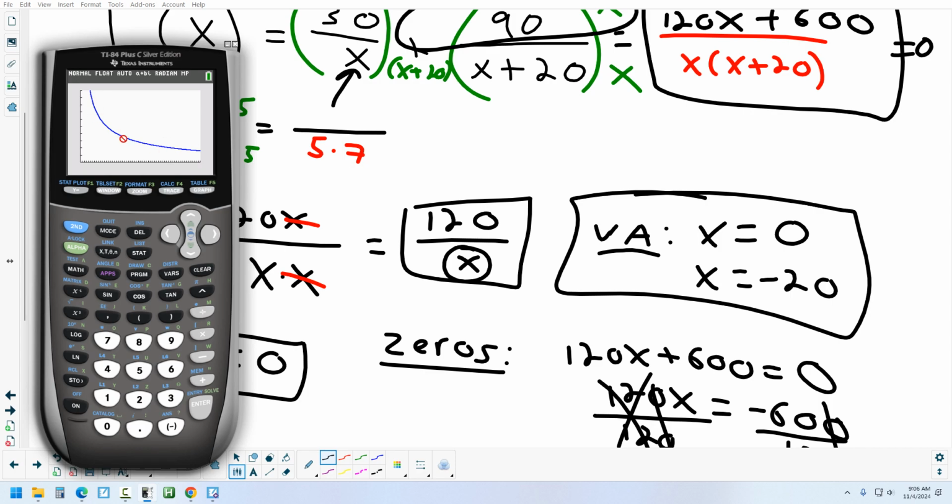The amount of time is starting to get lower, but the amount of time will never reach what number? 0. It can't reach 0, because it's impossible to get from one point to the other instantaneously. Unless you're watching this in the future, maybe we figured that out. But as of right now, you can't instantaneously travel. So it'll get lower and lower towards 0, but it'll never reach it.